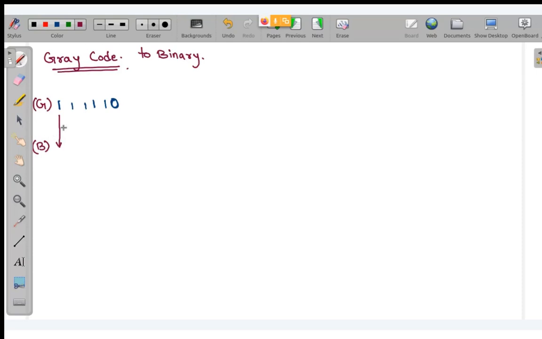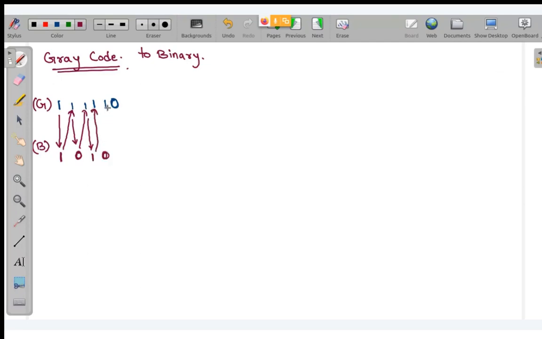So simply what we are going to do, copy the MSB and then this result needs to be XORed with the next input gray code. So 1 XOR 1 will come out to be 0. This 0 will be XORed with the next one. So 0 XOR 1 will be 1. This 1 has to be XORed with the next bit, so 1 XOR 1, again this will be 0.